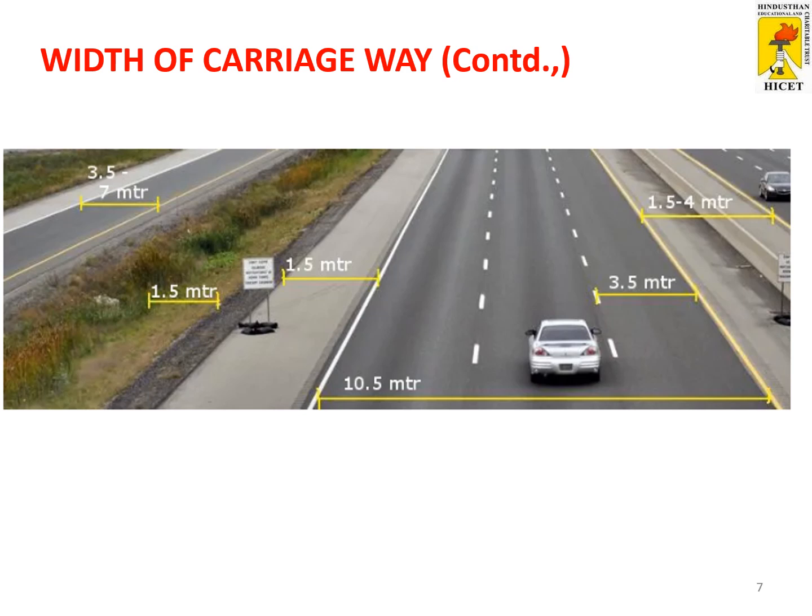On the extreme left side, the width of lane varies between 3.5 to 7 meters, and it is an arterial highway. In between are the shoulders. This is a 3-lane road, the width of each lane is 3.5 meters, and the entire width of the 3-lane road is 10.5 meters.